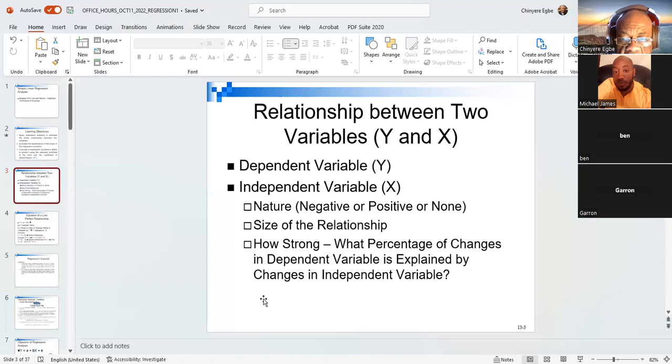I often illustrate this by asking a simple question. What if you stand on the intersection of Bedford Avenue and Crown Street? If you stand on that intersection and count how many vehicles cross that intersection every hour. So every hour on the hour, you write down 10 vehicles pass, 15 vehicles pass, 20 vehicles pass.